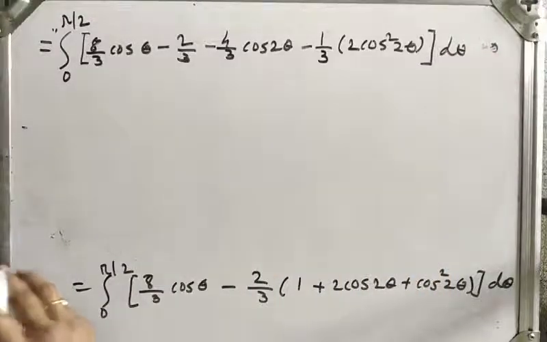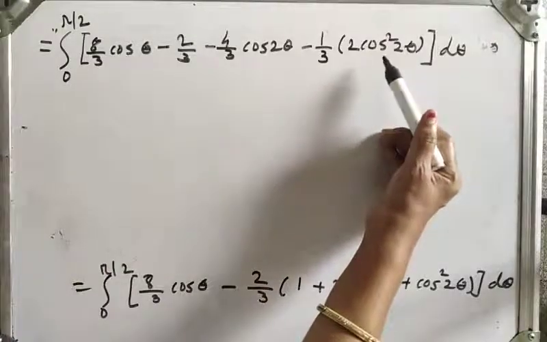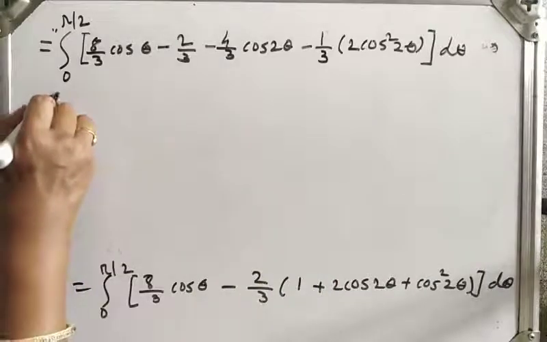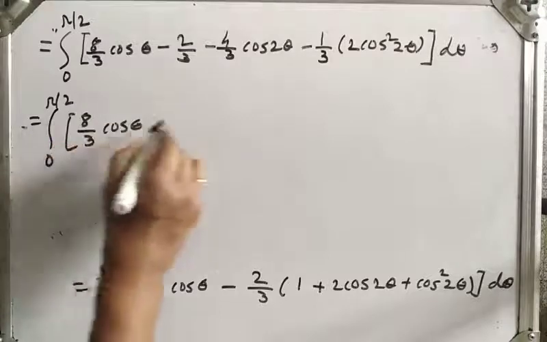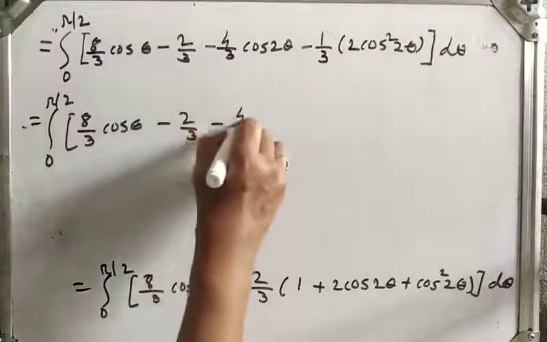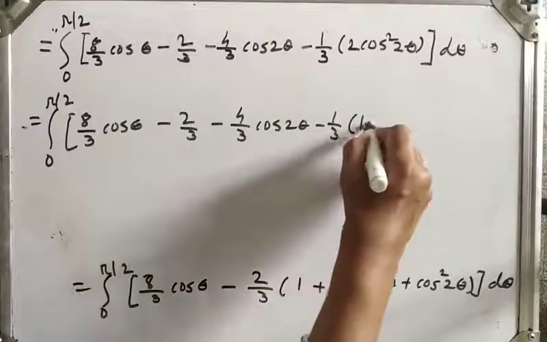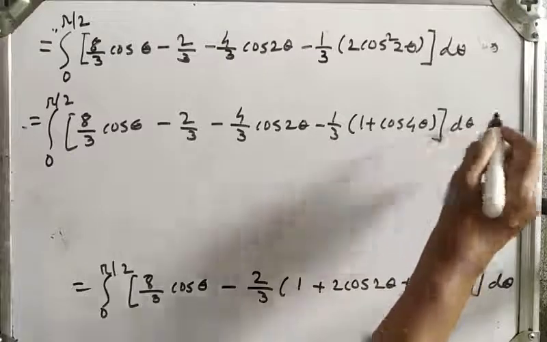Now this 2 cos square 2 theta is the same as 1 plus cos 4 theta. So it is equal to the integral from 0 to pi by 2 of 8 by 3 cos theta minus 2 by 3 minus 4 by 3 cos 2 theta minus 1 by 3 (1 plus cos 4 theta) d theta.